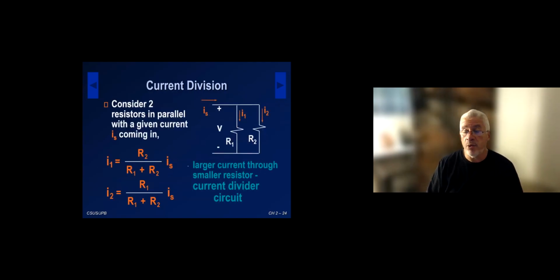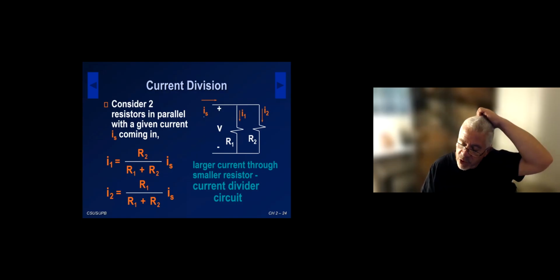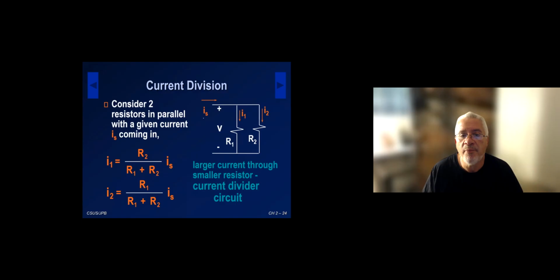Similarly, for current we have a similar situation, except it's a parallel combination. In terms of current division, we have a known current, Is, coming from somewhere else, could be from a source, could also be from a different part of the circuit. Then we want to know how much of that current is going to be found in each of those two parallel resistors.